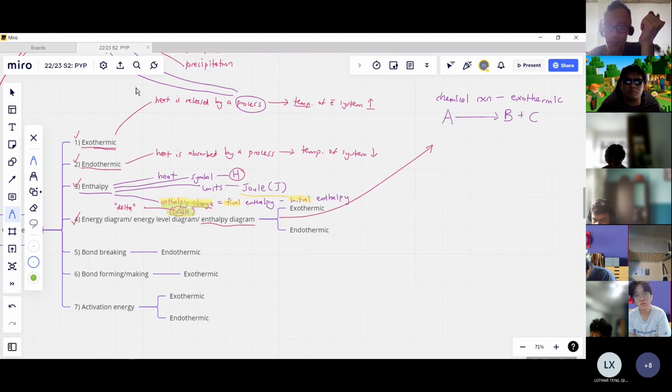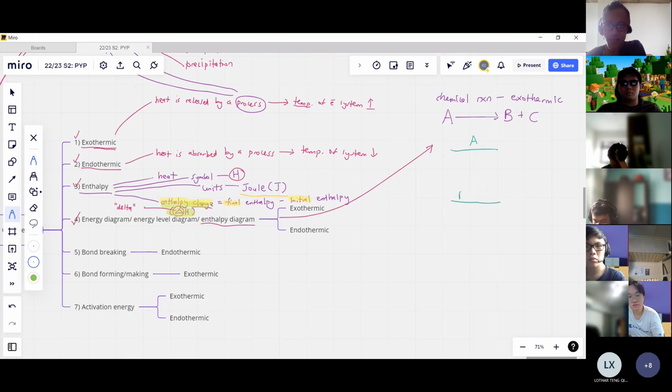Basically, I put one horizontal line and put A here. Then I draw another horizontal line below for B and C. Before I go further, what do these horizontal lines mean?